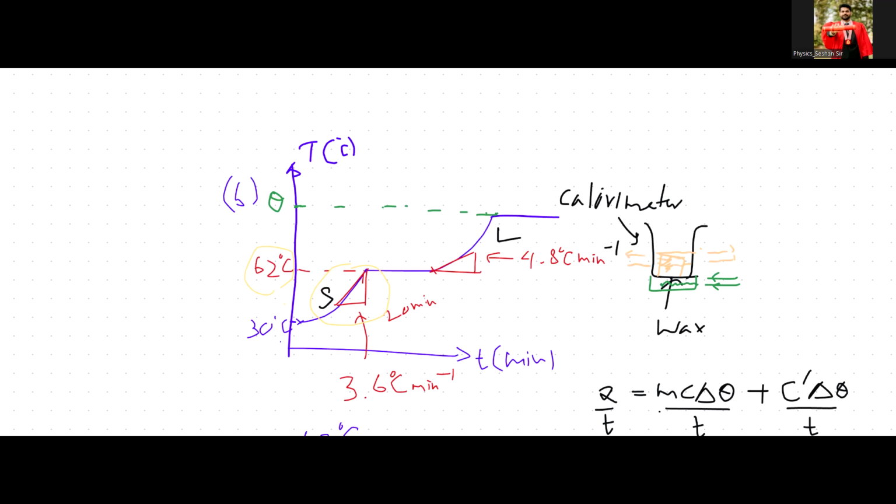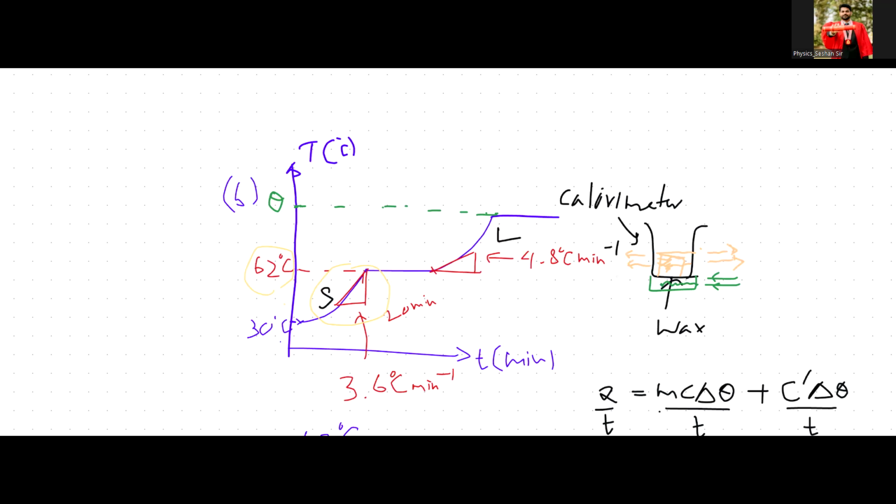That means it comes to some equilibrium. The rate of heat absorbed from the heater is equal to the rate of heat loss to the surrounding. So that is the reason.